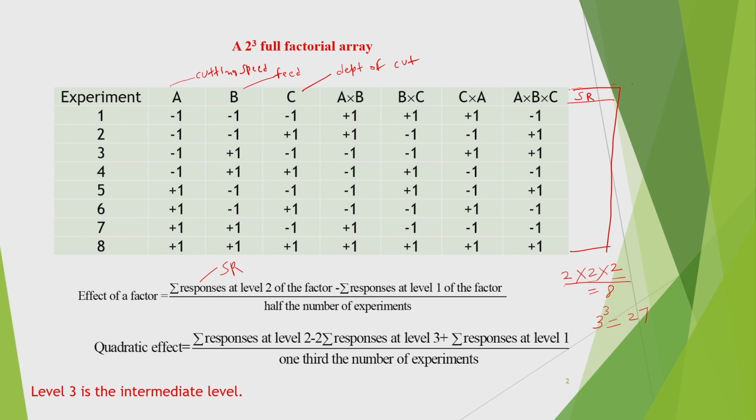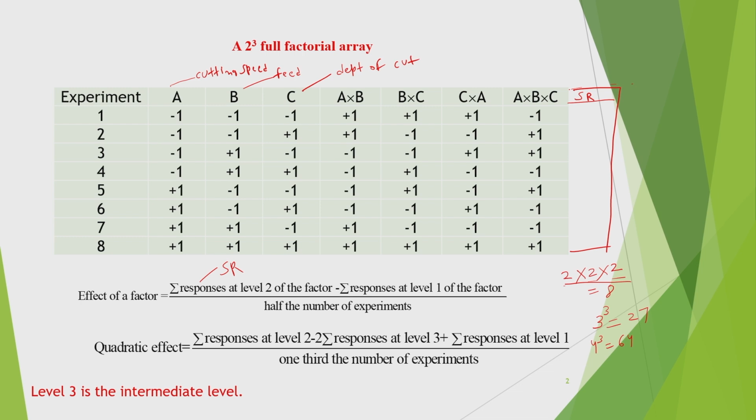So 3 into 3 into 3, 27. Similarly, if we have 4 parameters, 4 to the power 3 means 64. So in this case you see very well why I am carrying 2 to the power 3 full factorial analysis, because 2 is the level and 3 is the factor. So the factor comes on the exponent.